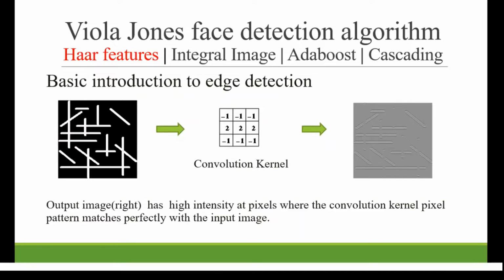So in Viola-Jones face detection algorithm, what are Haar features? Before that, let me introduce you to edge detection. As you know, this is a convolutional kernel with the top row as -1, -1, -1, and the bottom row as this, and the middle row is 2, 2, 2. When we convolve this over an image, we'll get edges.